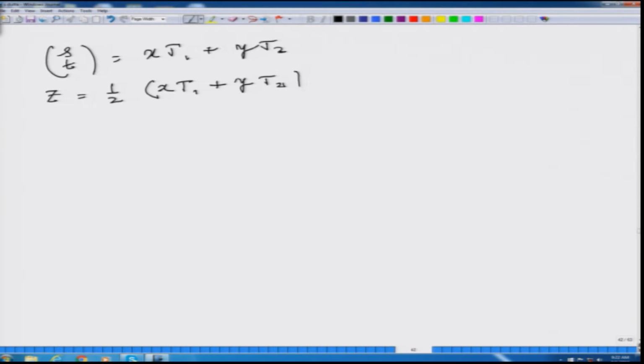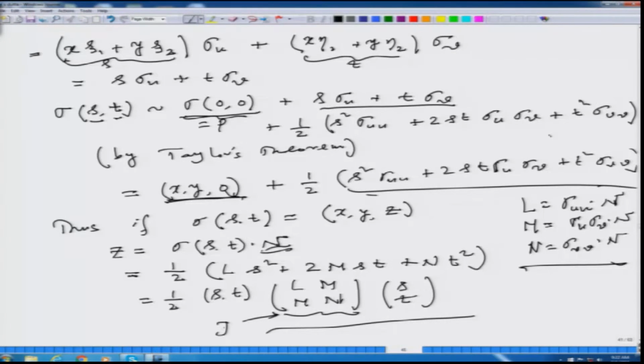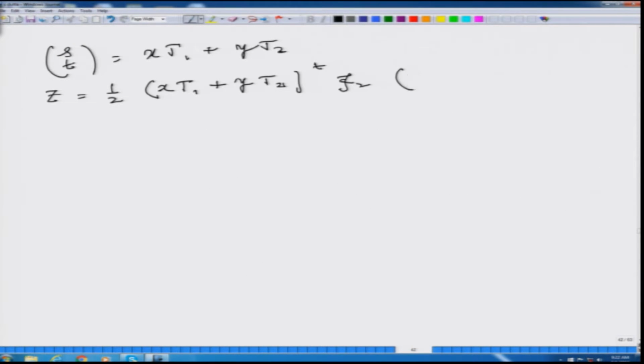All right. So, if I now write s t as x t 1 plus y t 2, then my z becomes half of x t 1 plus y t 2 transpose F 2, where F 2 is this matrix, times x t 1 plus y t 2. What is it by the way? Half of x t 1 transpose F 2 x t 1.